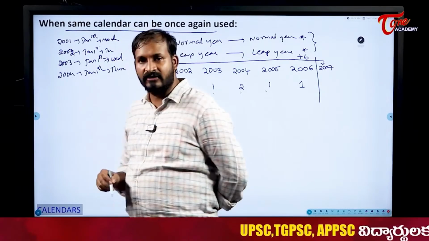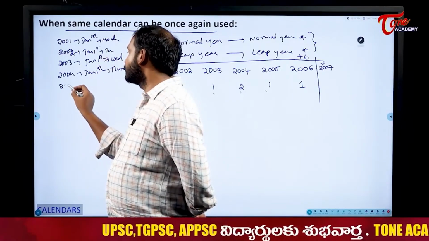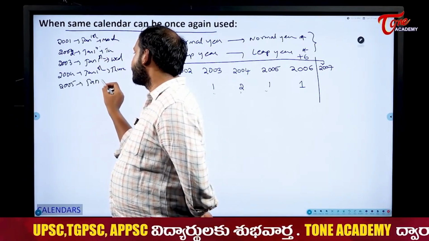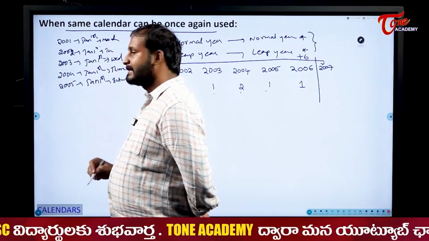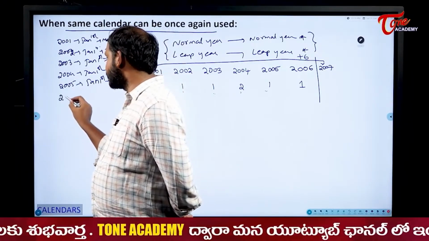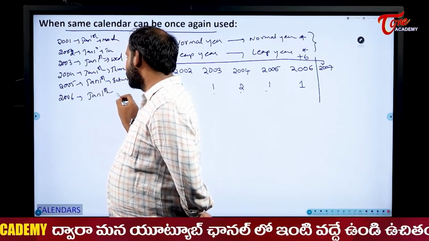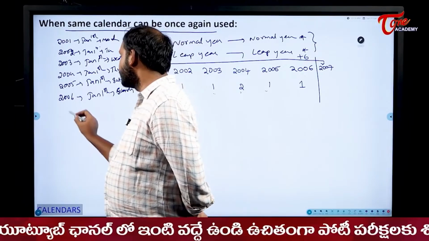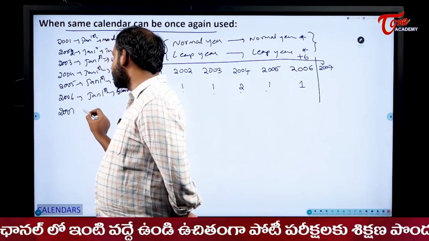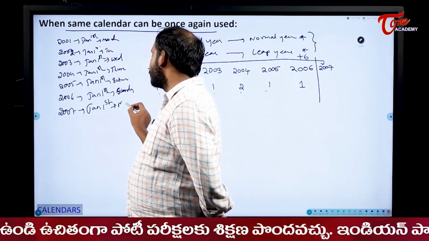Because still I didn't cross the month of February 28th. Next, 2005 Jan 1st will become Saturday. Next, 2006 Jan 1st will become Sunday. Next, 2007 Jan 1st will become Monday.